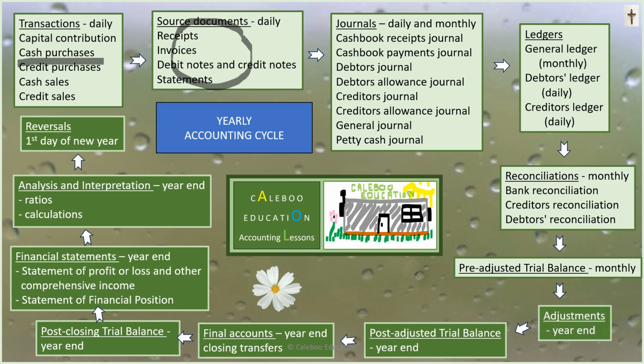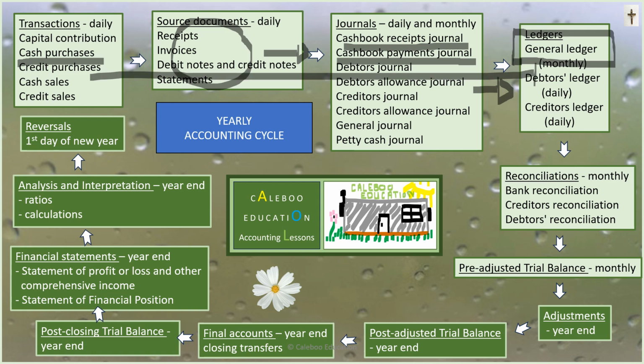So we looked at the documents. From there, we took the information. In this lesson, we did the Cashbook payments. In the previous lesson, we did the Cashbook receipts. And from the Cashbook payments, we took the information, and the terminology we use is we posted the information to the general ledger accounts. So all the transactions ended up in the general ledger.